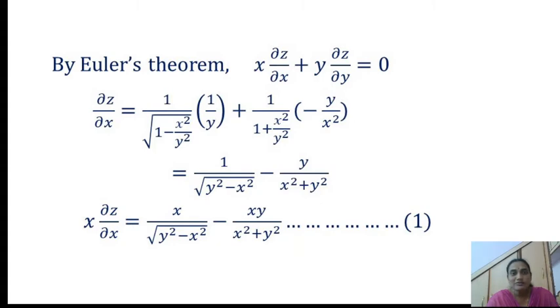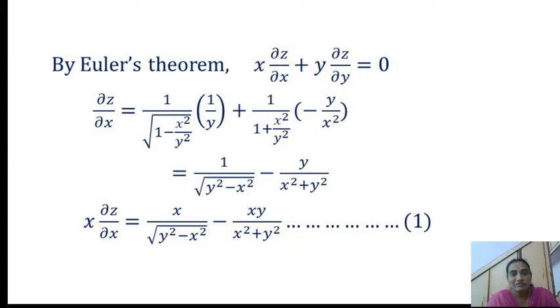Now, we have to find the values of ∂z/∂x. Differentiating z with respect to x, we get sin inverse of x by y differentiation 1 divided by root of 1 minus x square divided by y square into 1 by y, plus tan inverse of y by x differentiation 1 divided by 1 plus y square divided by x square into minus y divided by x square.